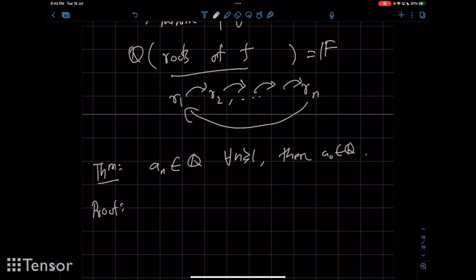So the idea is that we want to show that given any field automorphism of C, a_0 stays the same.